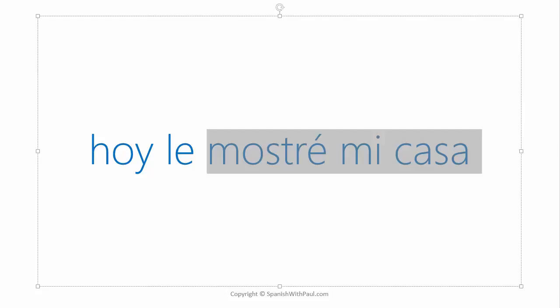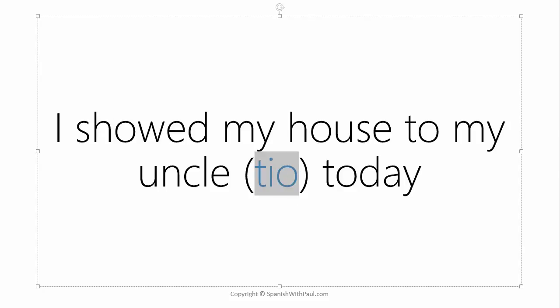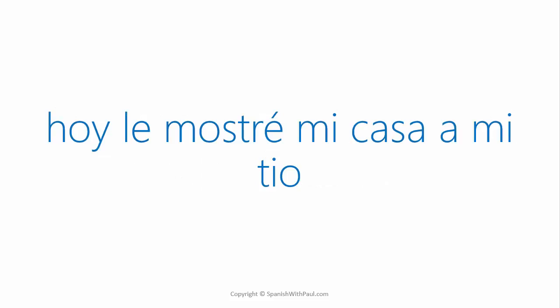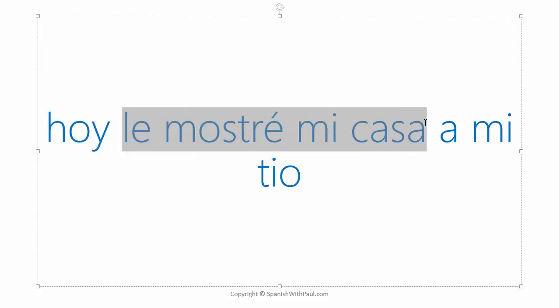Now, how would you take it one step further and say, I showed my house to my uncle today? The word for uncle is tío. Hoy le mostré mi casa a mi tío. Here we have today. To him I showed my house to my uncle.